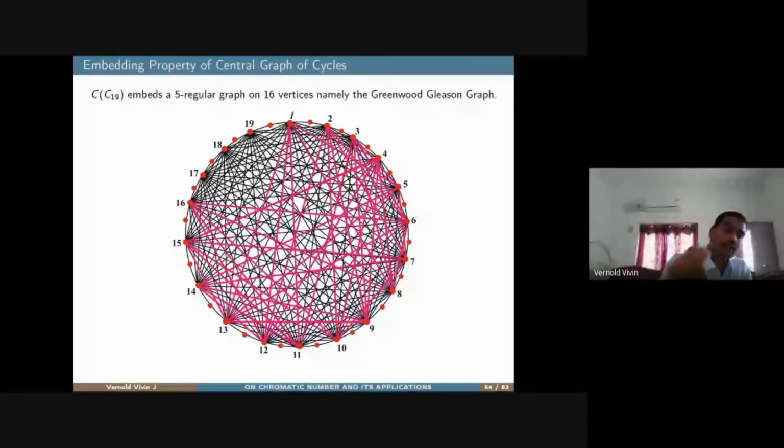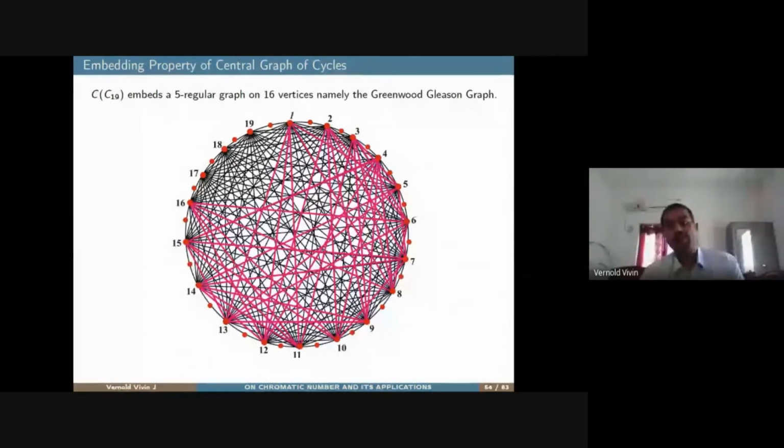If I construct a central graph for this cycle, represented by C of C19, it embeds a regular graph called the Grinberg-Grünbaum graph. It is a 5-regular graph on 16 vertices. The pink lines represent a 5-regular graph on 16 vertices. So this graph has been embedded as a subgraph of this central graph.